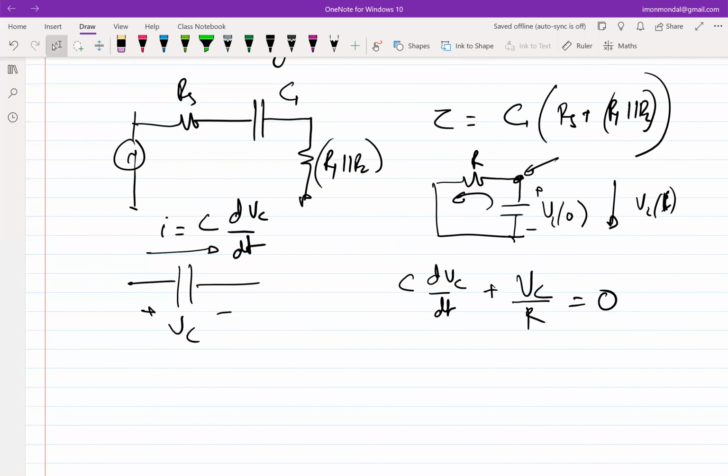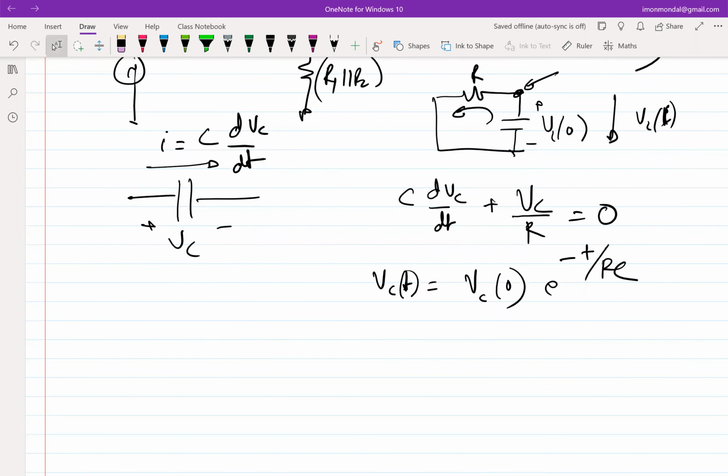We characterize them in the form of some time constant. So what is the time constant in this thing? This expression is simple. This will become VC, some initial condition, times e to the power minus t over RC.